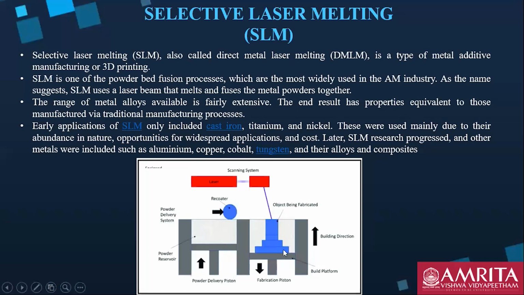See, this complete bed is filled initially with the powdered form of metal. It can be an alloy of steel, cast iron, aluminium, titanium, nickel. There is a vast range of metals that we can use in this selective laser melting technology. Different alloys.